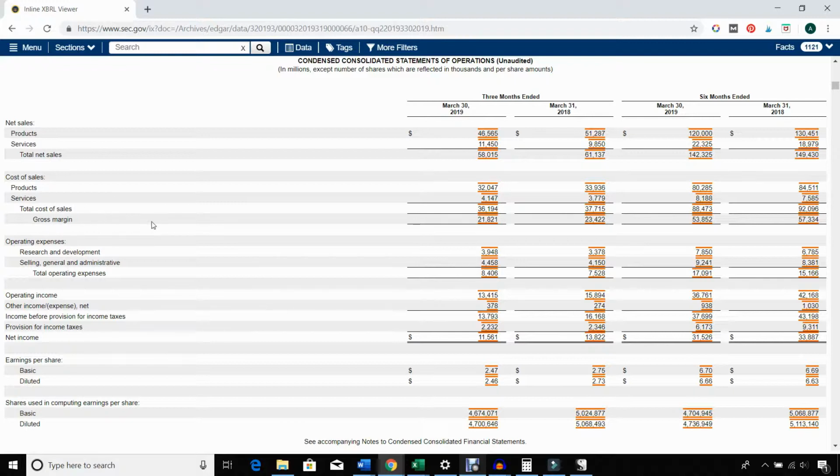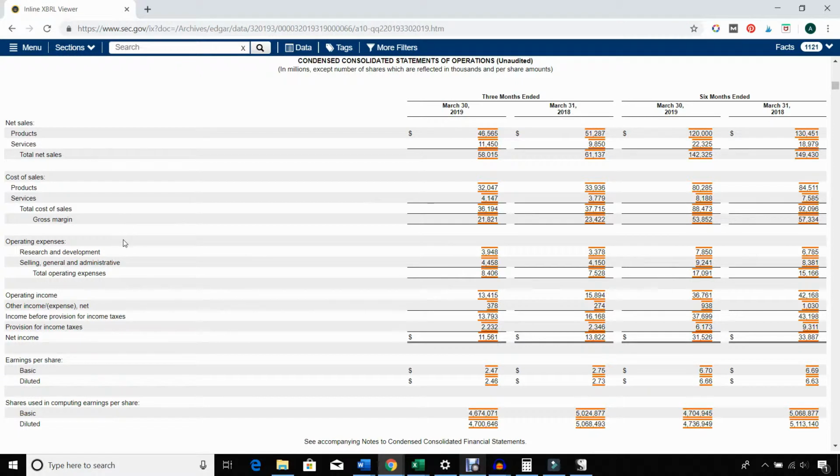Gross margin is typically expressed as a percentage. What people mostly do is they take the gross profit and divide it by the sales to calculate a gross margin. It's used very frequently because it shows how much it costs a company to deliver a product or service to a customer.